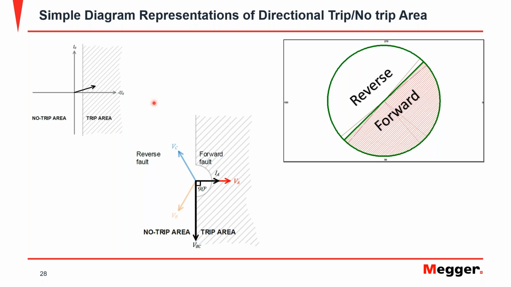It depends on the type of polarizing magnitude that they use. In some cases, they represent them as impedances. In other cases, they represent them in polar. So it's important that we get familiar with the user manual of the relay that we are using to figure out what those different terms mean in that particular relay.